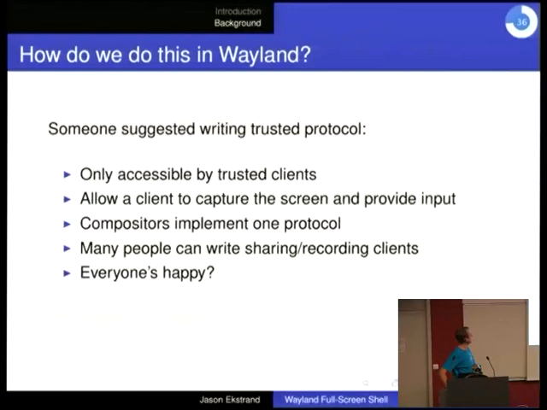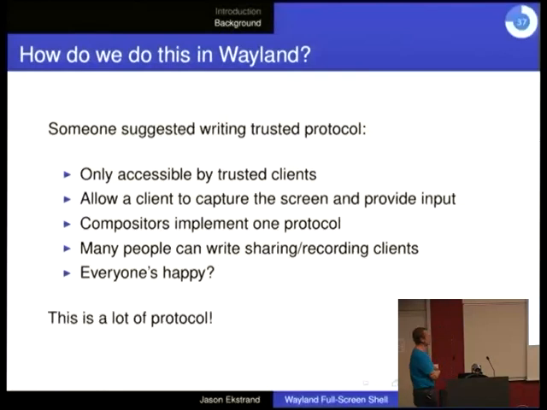Okay, well, it's trusted clients, so we have this chain of trust. That's all well and good. It allows this trusted client to capture the screen and provide input. The idea was the compositors implement one protocol, many people write screen recording and sharing clients, and everybody's happy. That's the theory.